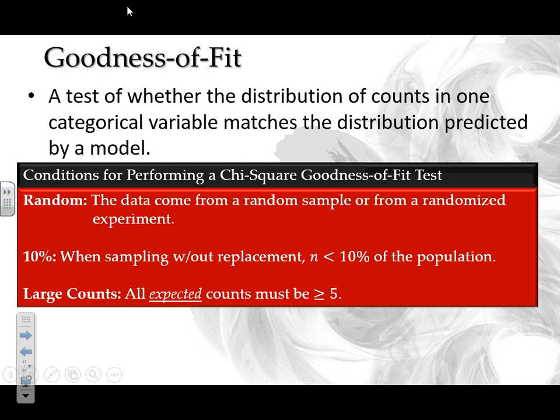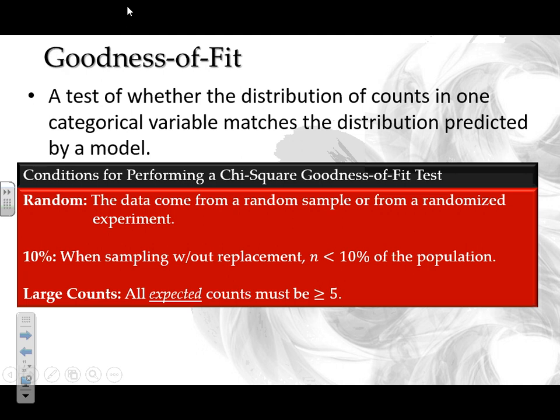The 10% says when we're sampling, and we're sampling without replacement, our sample size must be less than 10% of the population. So those are no different than what we had before. Now the other thing to note here is the random sample or randomized experiment. So if you're running an experiment, you do not need the 10% condition.